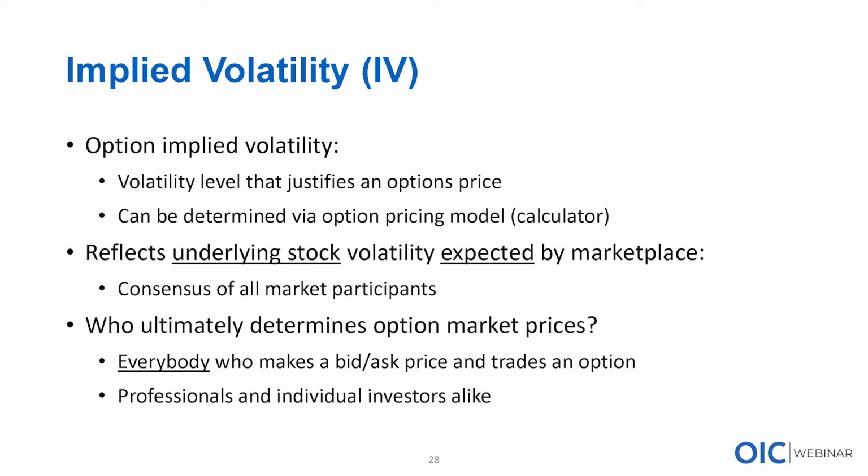It could be hedge funds, pension funds, or banks. It's you and me, individual investors who are bidding and offering options. So it's the collective market. That bid-ask at any given time is a snapshot of what the market is expecting going forward, and it's always changing as supply and demand changes for those options.